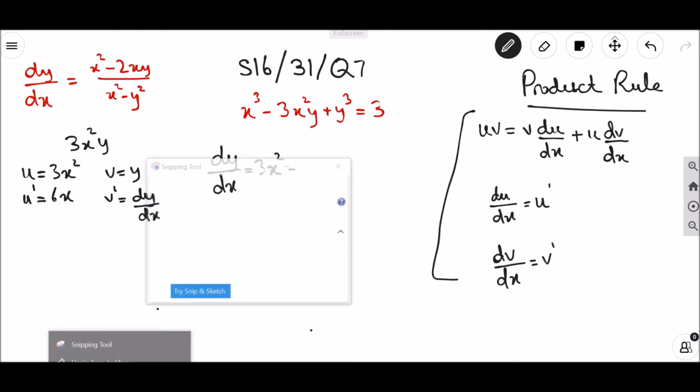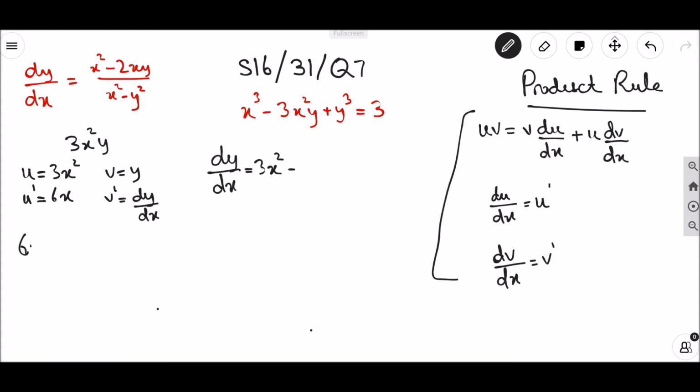So, using the formula, it will become 6xy plus 3x squared dy over dx. If there is a minus sign, you should keep this in mind and write whatever you got as the derivative in brackets. Otherwise, your values can change due to the minus sign. So it is 6xy plus 3x squared dy over dx.